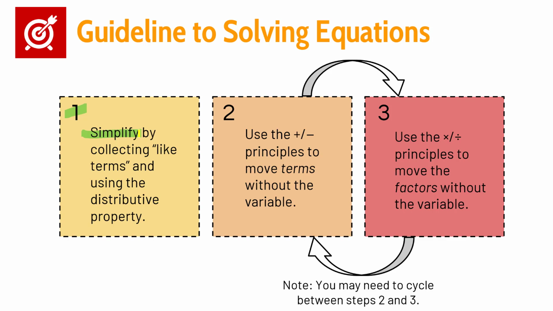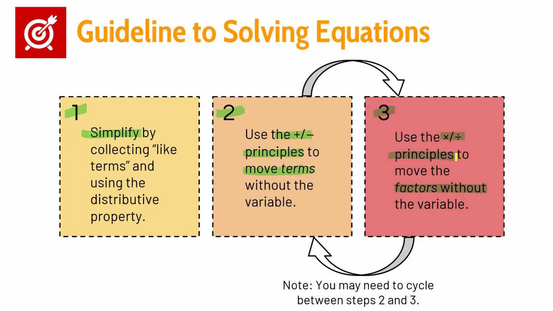This is where you're looking to move terms. With the addition and subtraction principles, move any terms that don't contain your variable. Step 3, you're going to be looking for factors that don't have your variable. These factors can be moved with the multiplication and division principles.